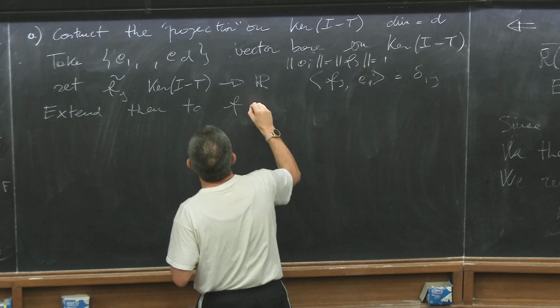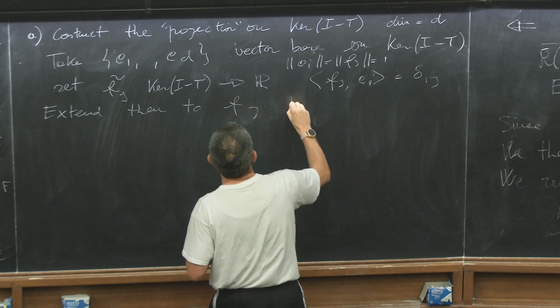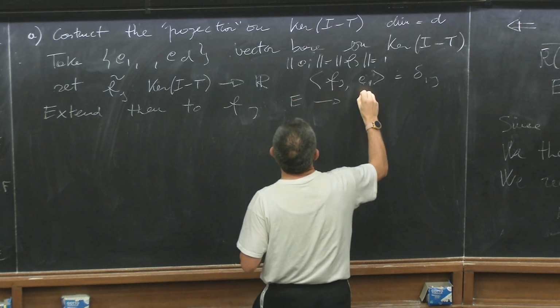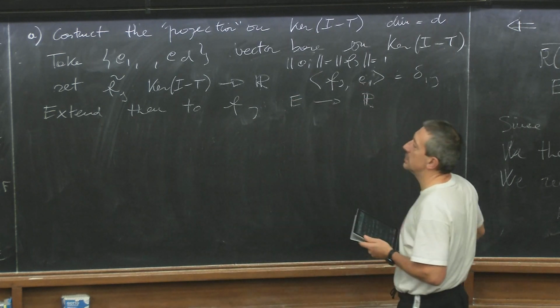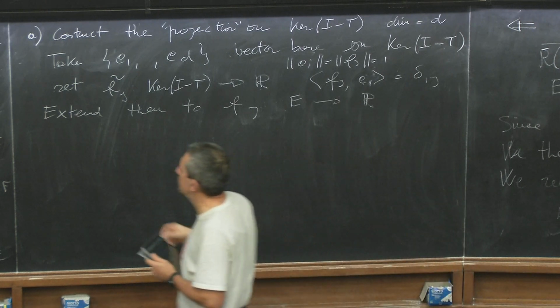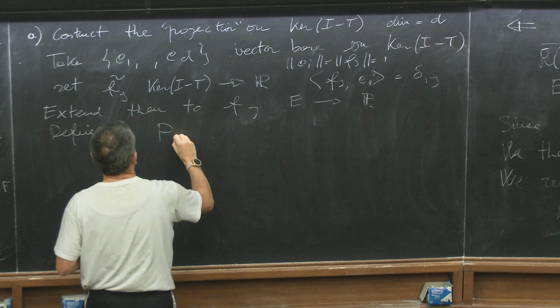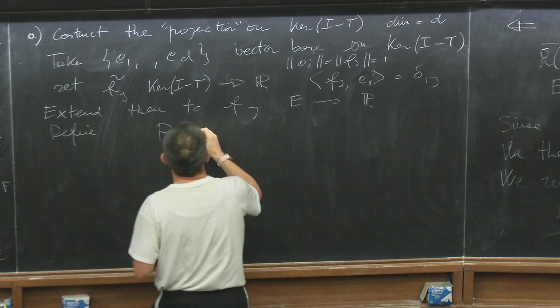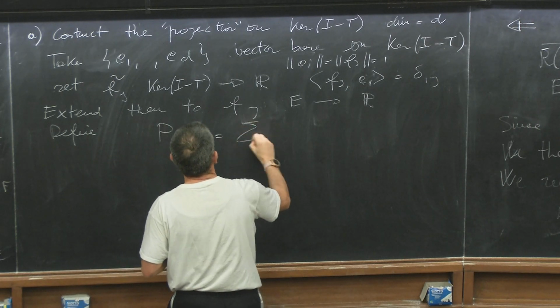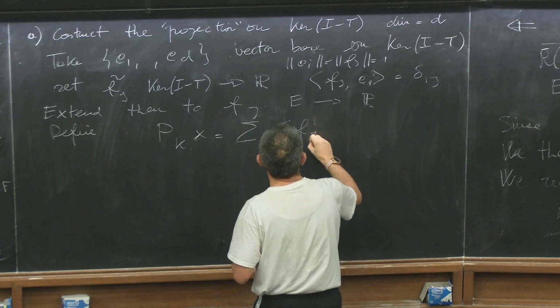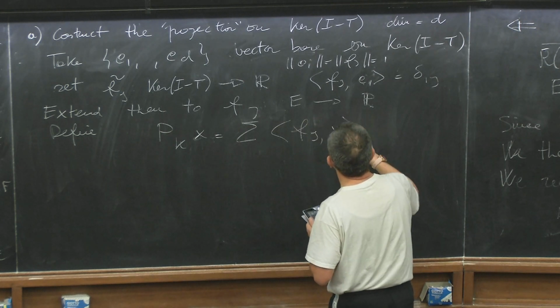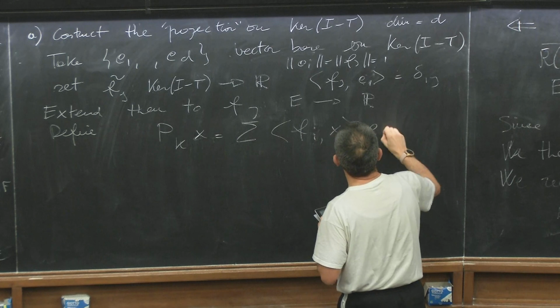Extend to fj from E into R, continuous, and then define the projection of X as the sum of fj(x), or fi(x), times ei.